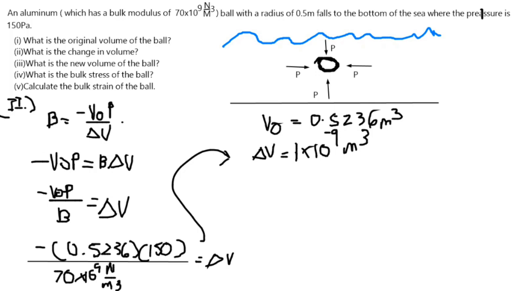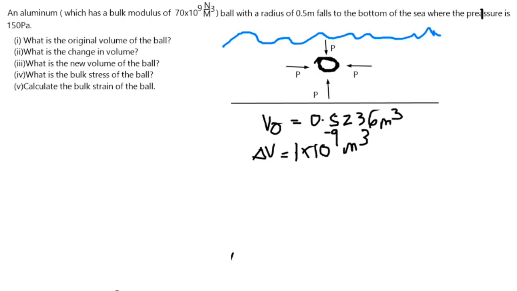Okay, so now let's move on to our third problem. So sa third problem, what's the new volume of the ball? So new volume ng bola, we can just use the change in volume equation kasi this is just defined as the final volume and the initial volume.